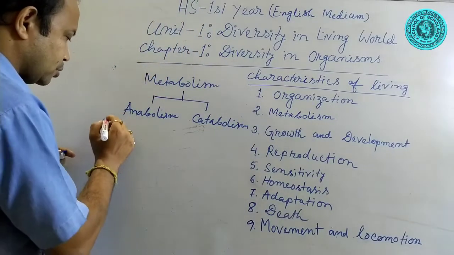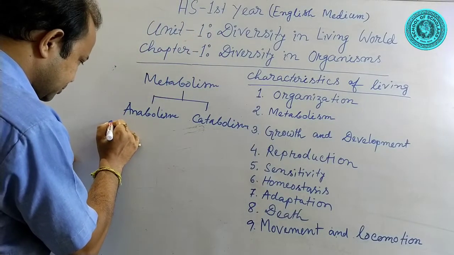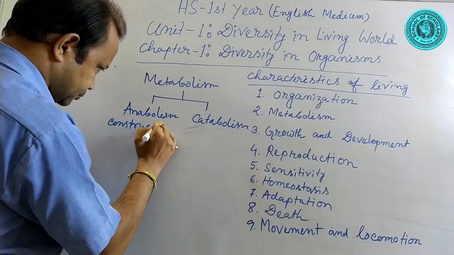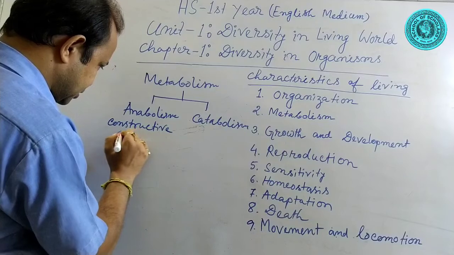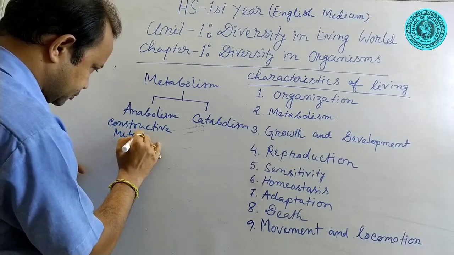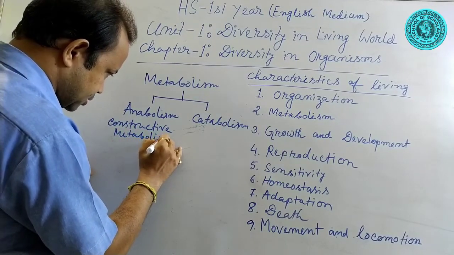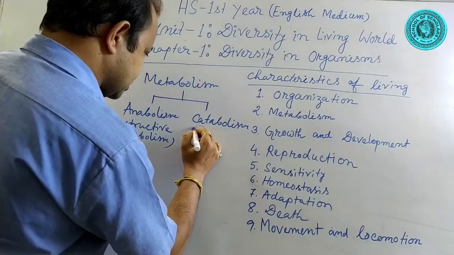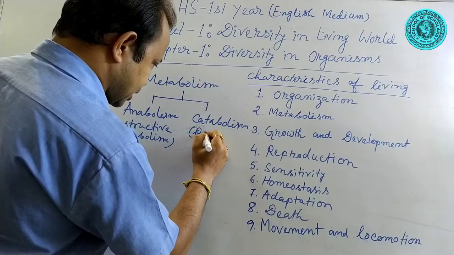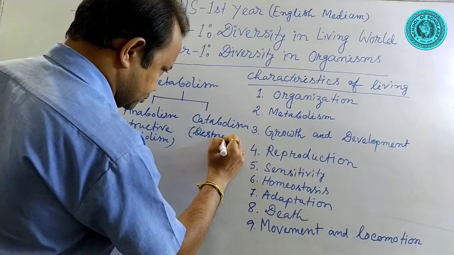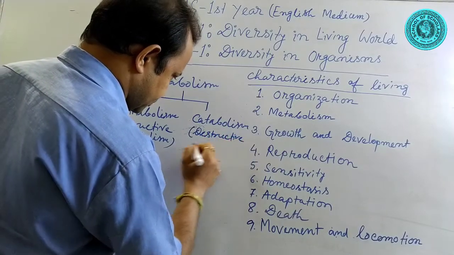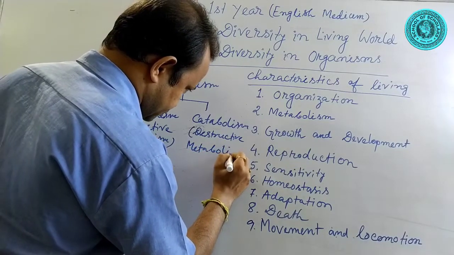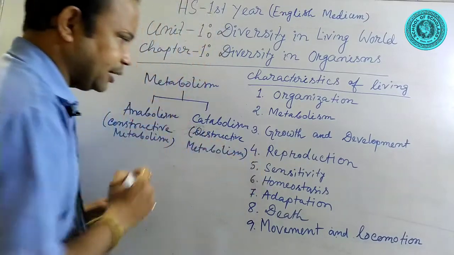Anabolism is otherwise called constructive metabolism, and catabolism is otherwise called destructive metabolism.